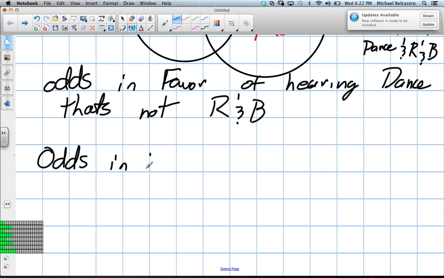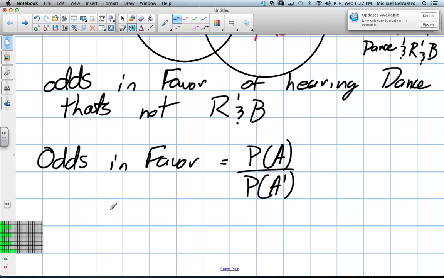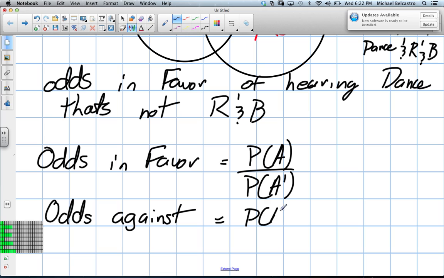Odds in favor state that the odds in favor are equal to the probability of event A happening divided by the probability of event A not happening. Odds against are just the reciprocal of this: probability of event A not happening divided by probability of event A actually happening.